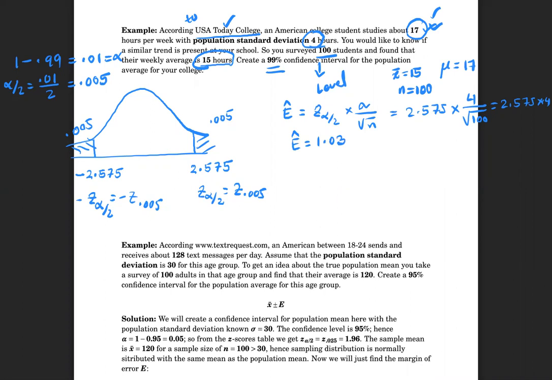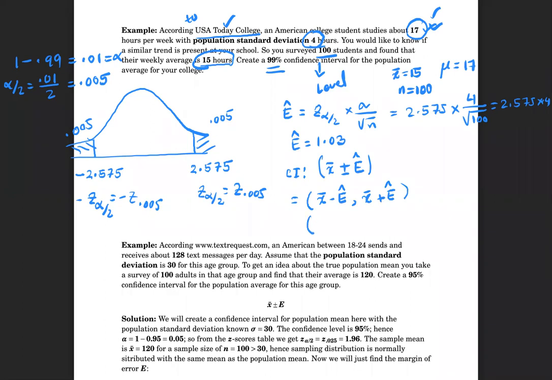So your confidence interval is going to be X bar plus or minus E, okay? Which, by the way, you can say X bar minus E hat, comma, X bar plus E hat.